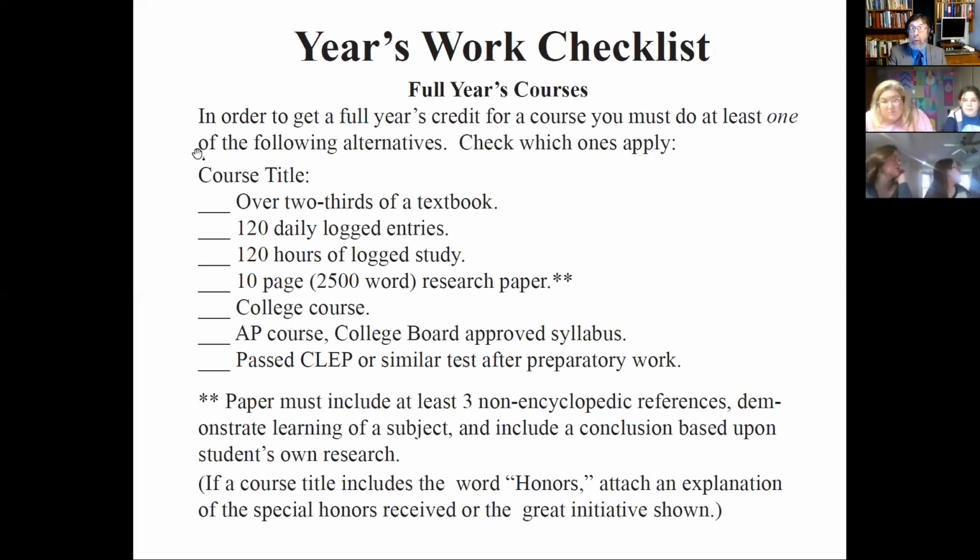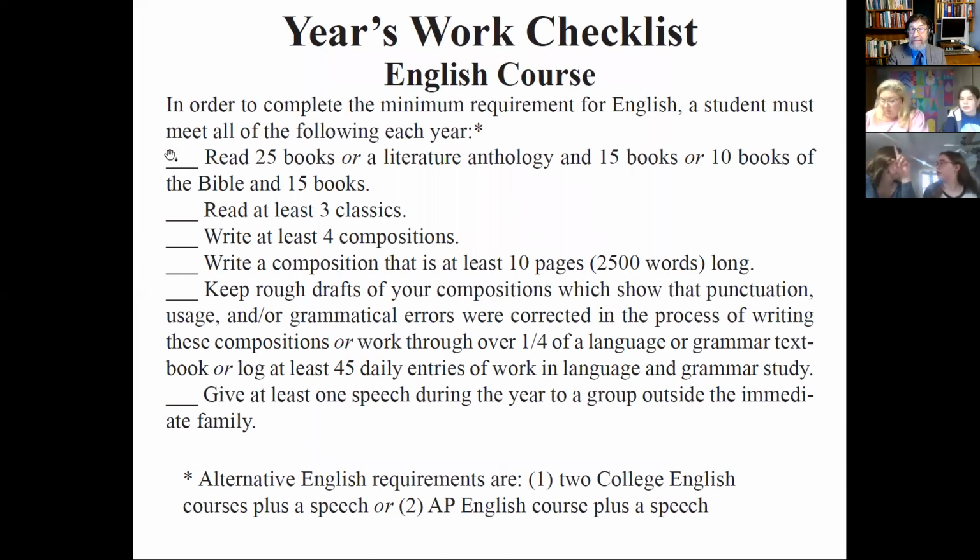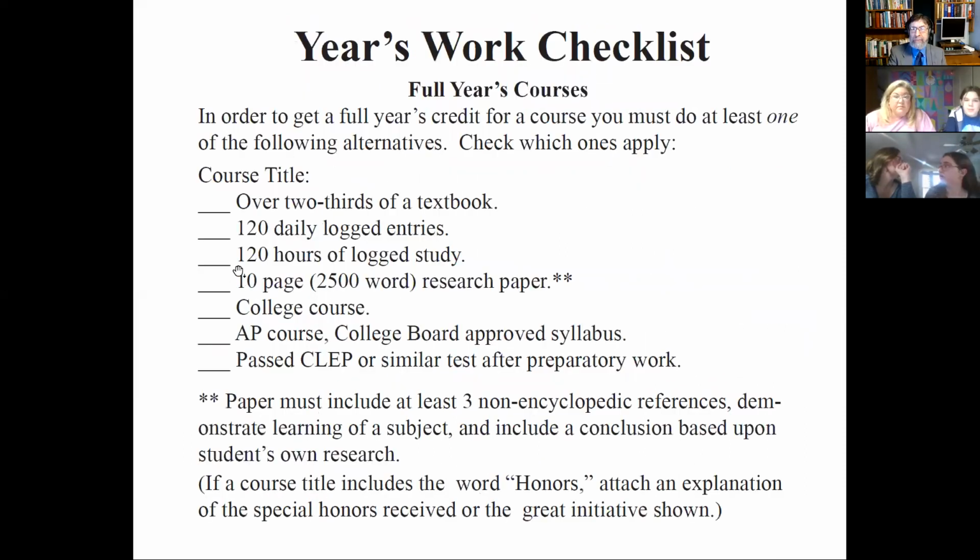This is all "or." Remember, in the English course, it was all "and." You have to do this and this and this and this. With the other courses, you do this or this or this or this.